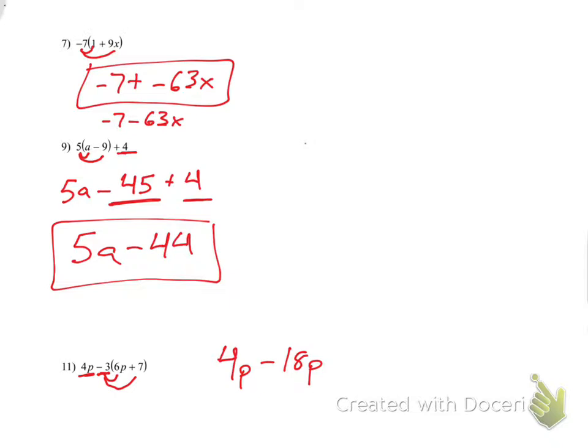And then negative 3 times, so keeping in mind that this negative 3 is then going to be multiplied by 7, would be minus 21. So to combine like terms, this would be negative 18 plus 4p, or you could just do 4p minus 18, and that would give me negative 14p minus 21.